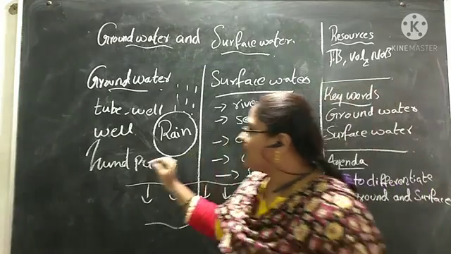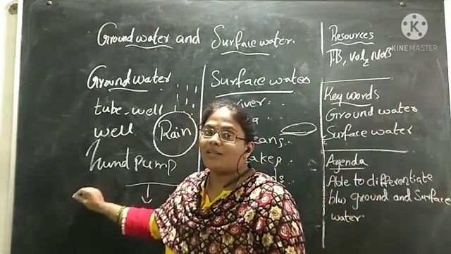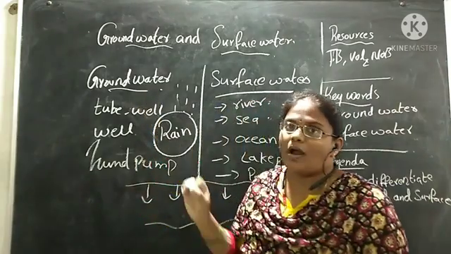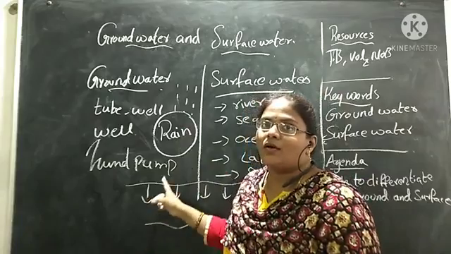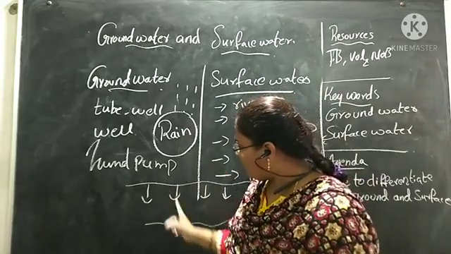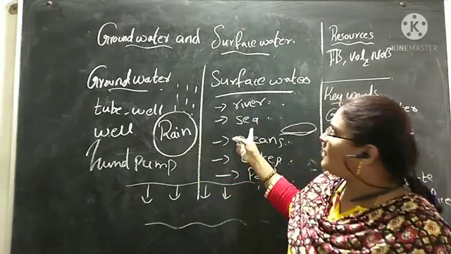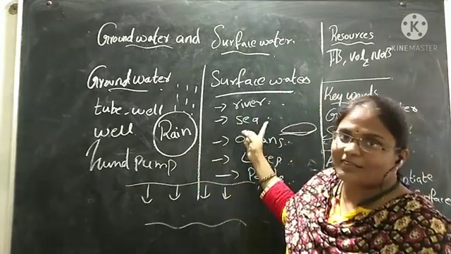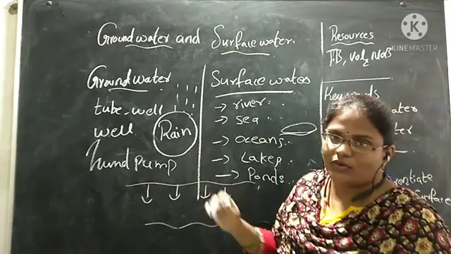And the water which we get in our home from the taps, all these are groundwater. When it rains, the water goes under the soil and forms the groundwater. And when it rains, sometimes it falls on the rivers and sea also, so here also we can find surface water.